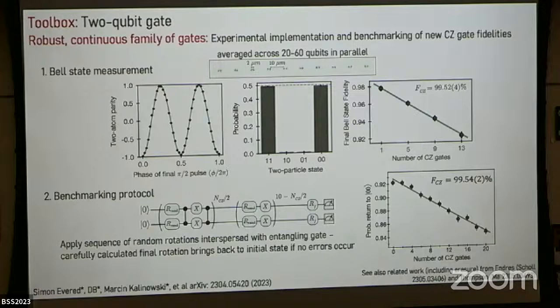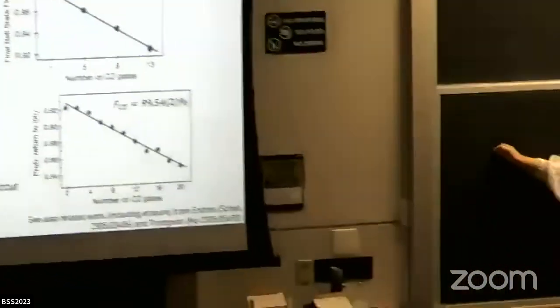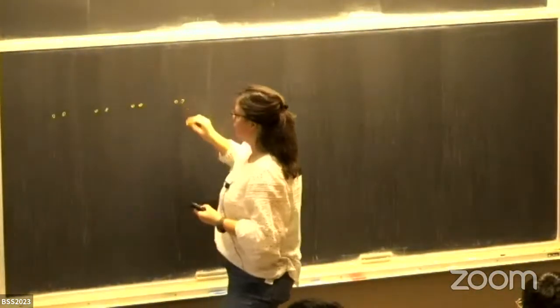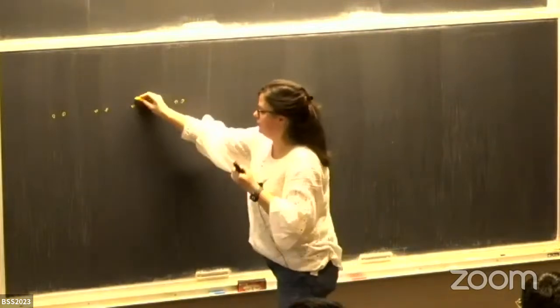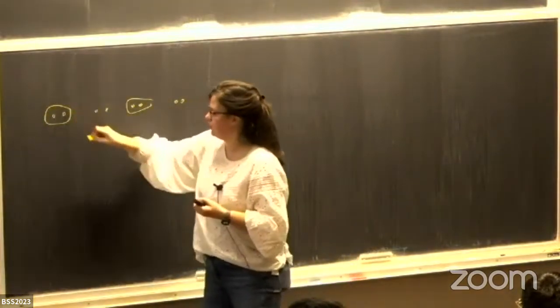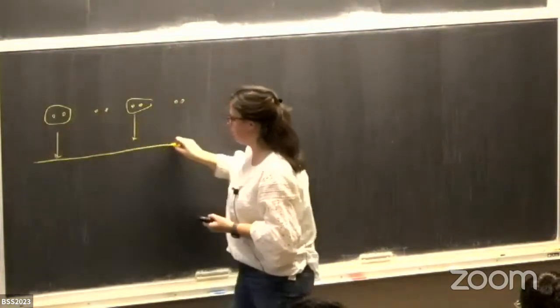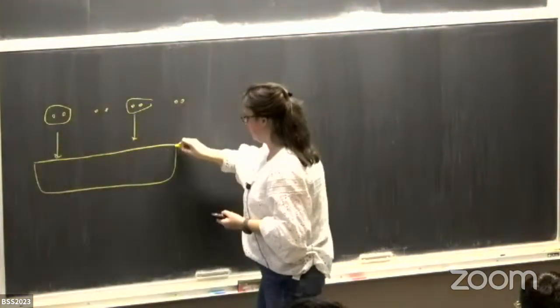You will see very soon that another thing you can do is just move pairs into different regions. So let's say you have all these pairs of atoms. You want to apply a gate to this one and this one. You move them to a so-called entangling region.